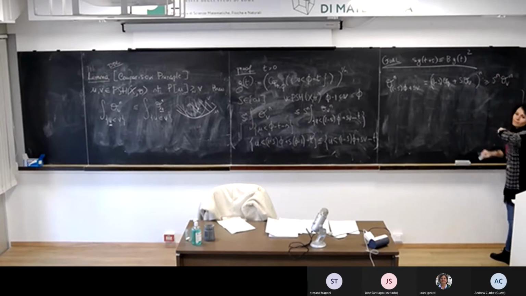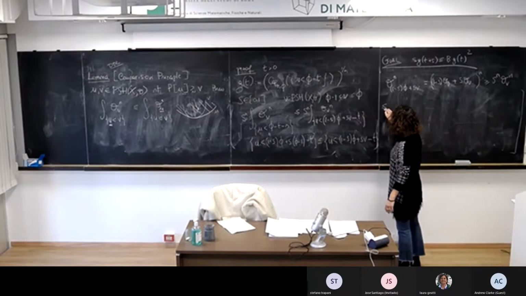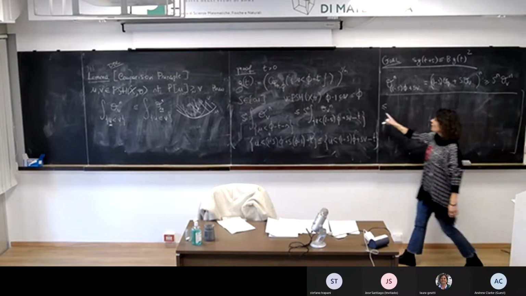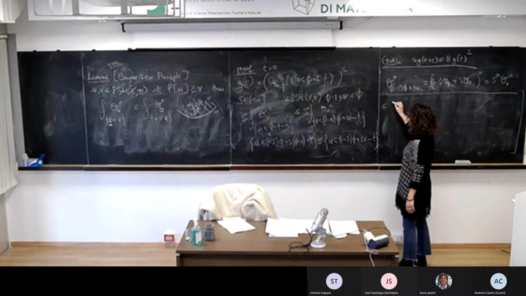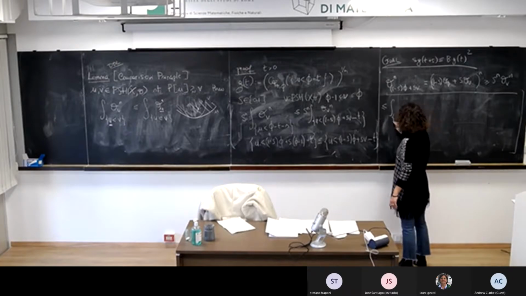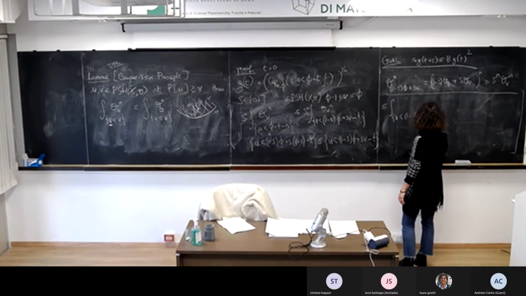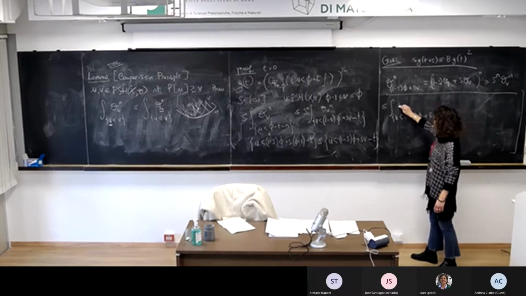Again, these are positive objects, because they are positive objects, otherwise it's not true. So this is less or equal than the integral over this big set of all this Monge-Ampère measure.